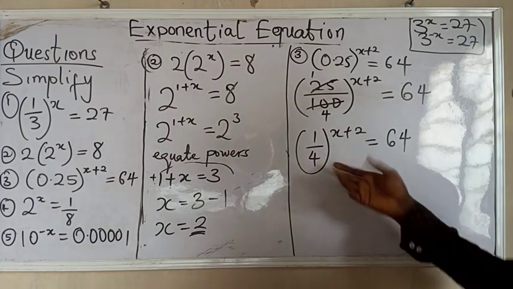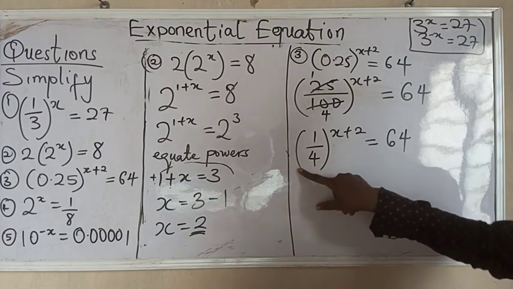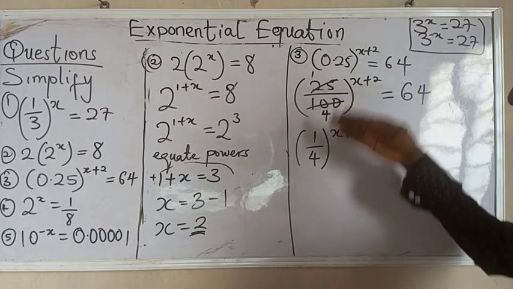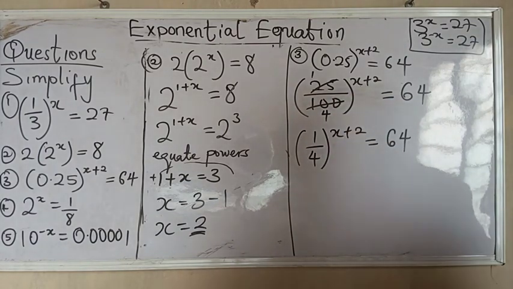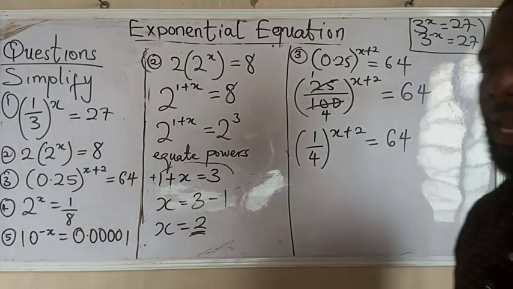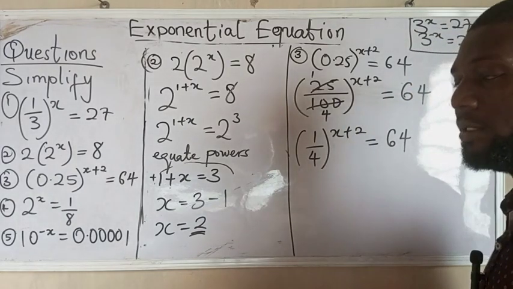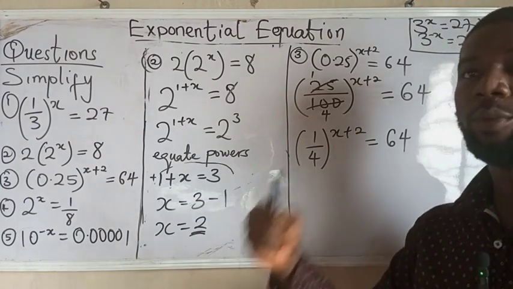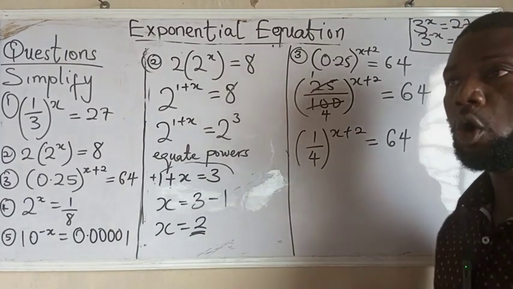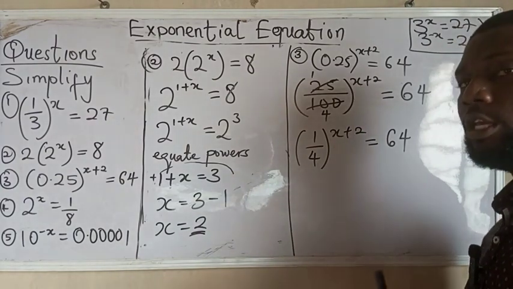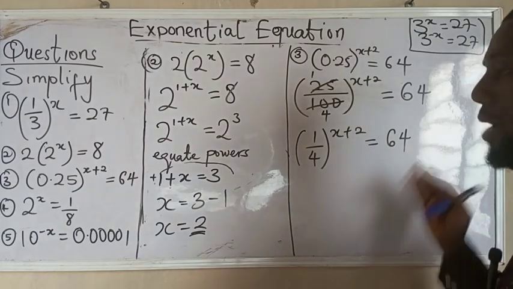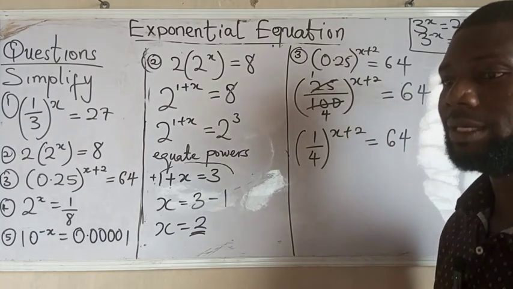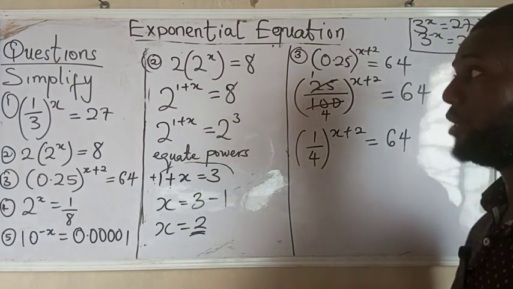Now, going by this, let's not forget that this format is not in its right format. Our format should be a base on our left hand side carrying either a positive unknown or a negative unknown equals another number on our right hand side. That is the nature of an exponential question.